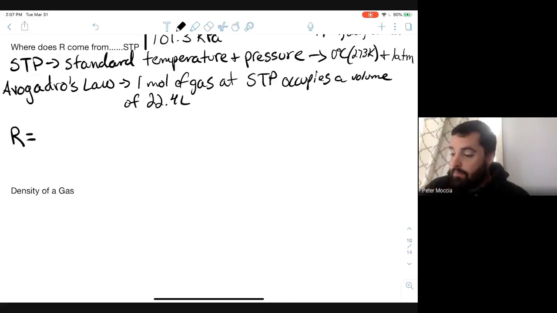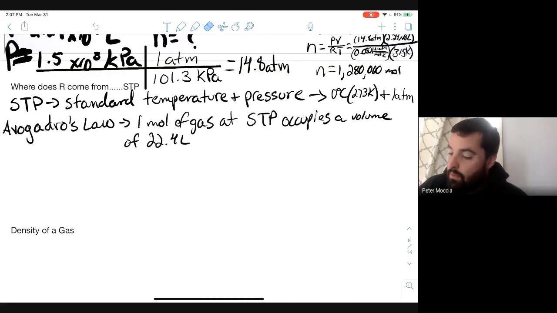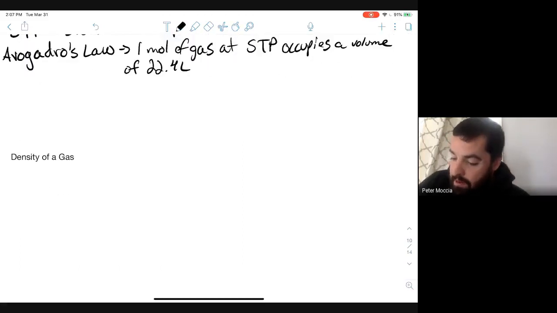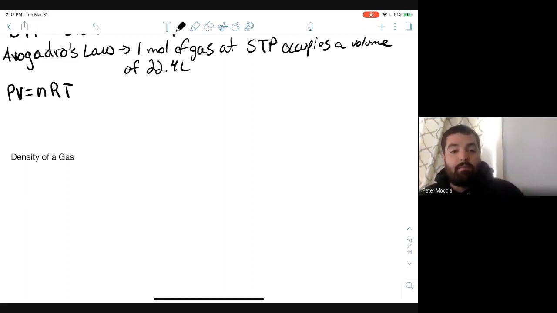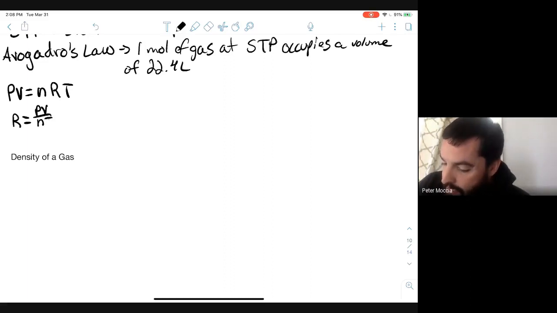Because we know from the ideal gas law that PV is equal to nRT. We can do a similar manipulation of this equation as we did in the problem beforehand. And so we're going to get R is equal to PV over nT.